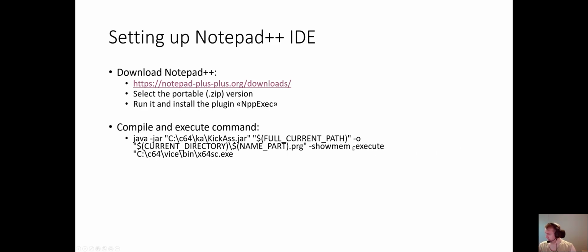And then the show memory output and execute to the C64 SC, which is then the C64 VICE binary and the emulator. Now I see it's missing a pair of symbol here, but we'll fix that.